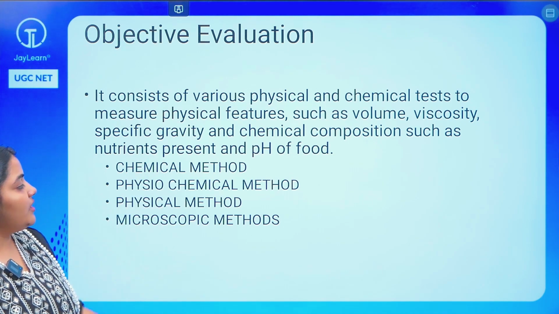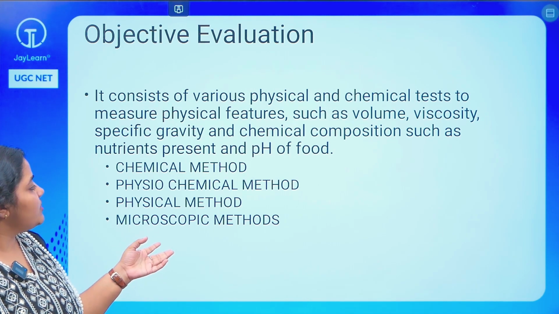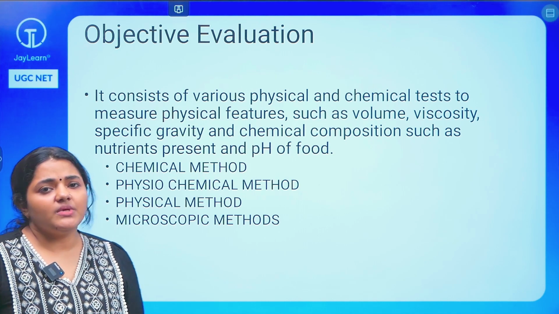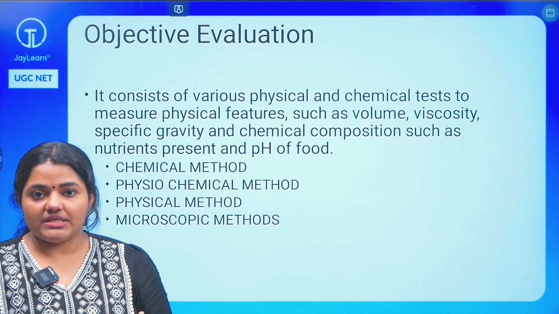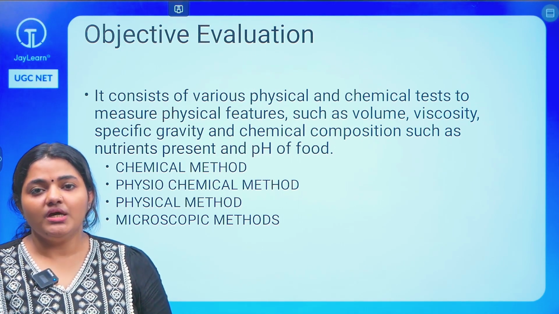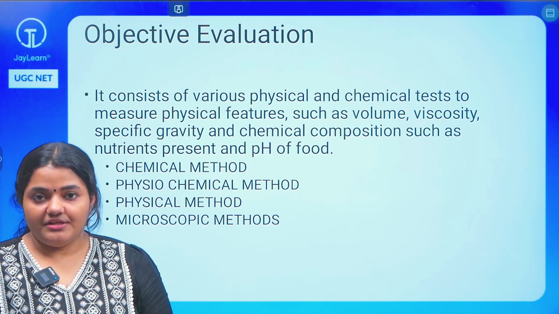So these are the four different types of objective evaluation: chemical method, physiochemical method, physical methods, microscopic methods. In chemical methods, it's usually the laboratory methods like the proximate analysis. Proximate analysis means the moisture content of the food, the protein content, the fat content, the ash content of the food.